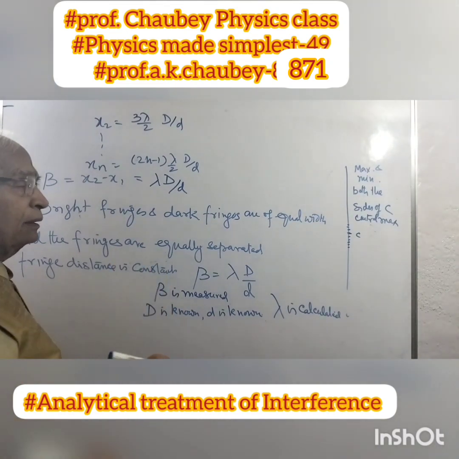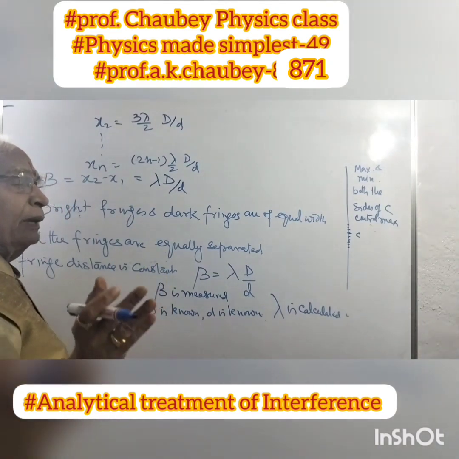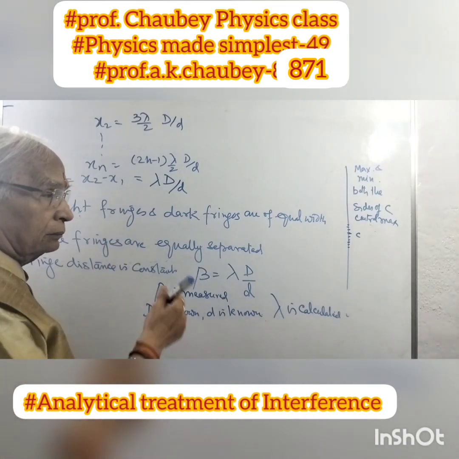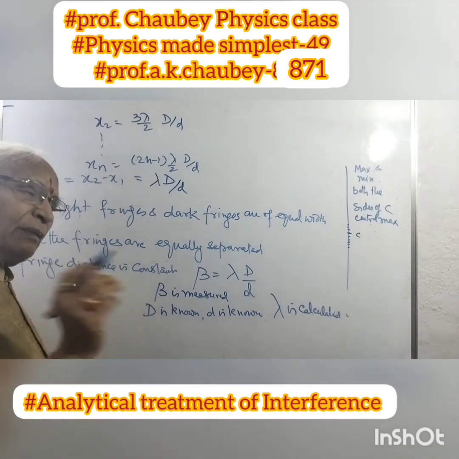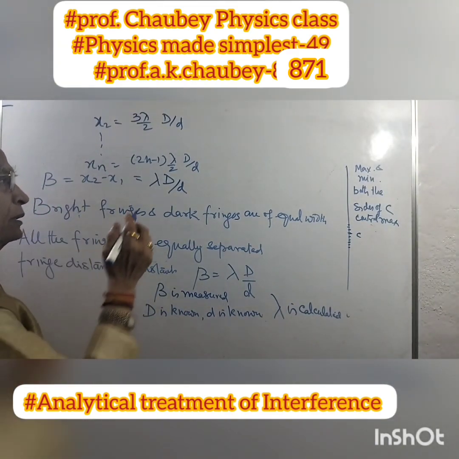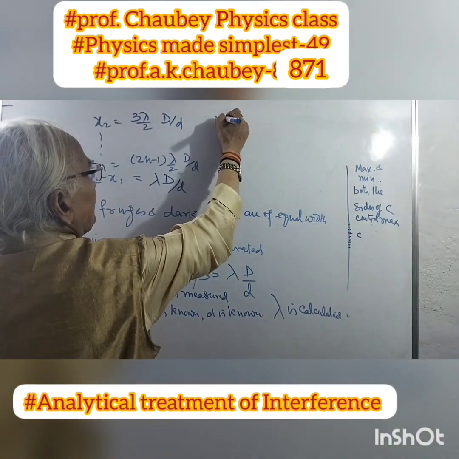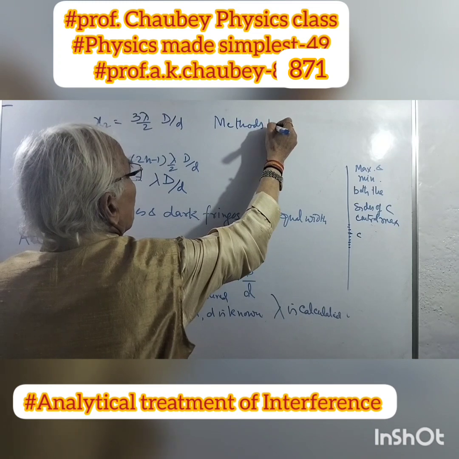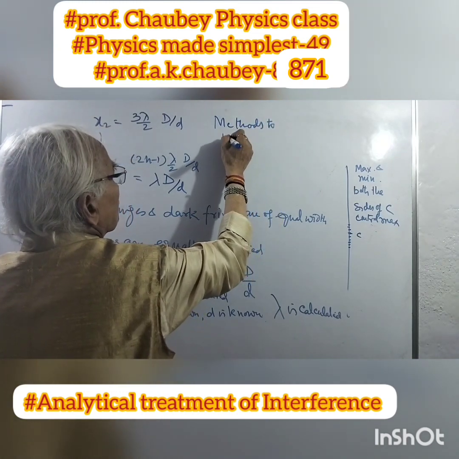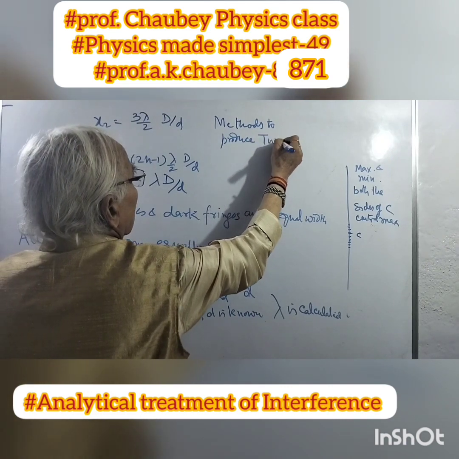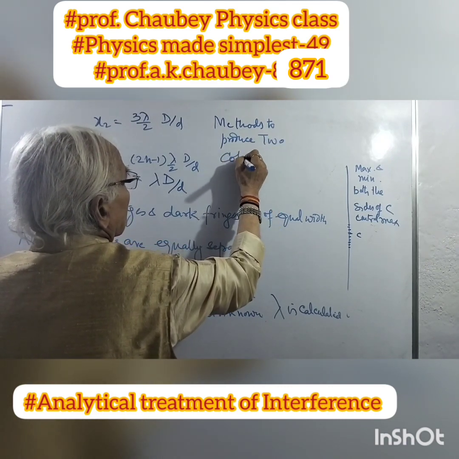So this method of interference, designed by Young, was as simple as possible. Then there are other methods to produce two coherent sources.